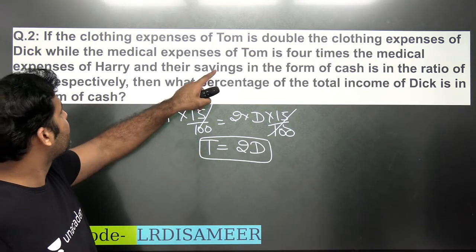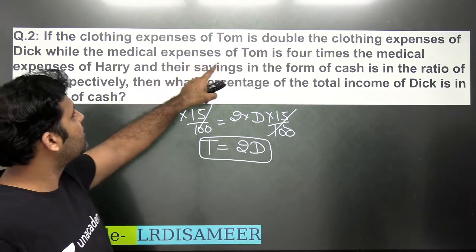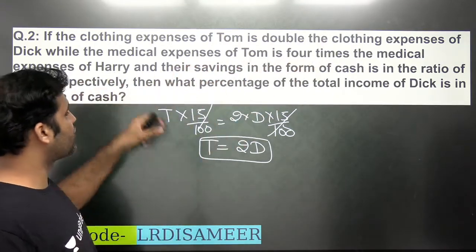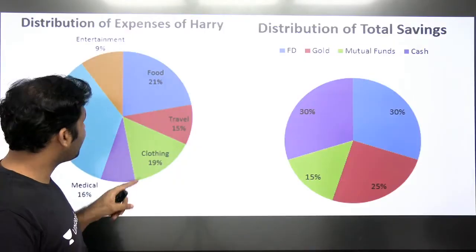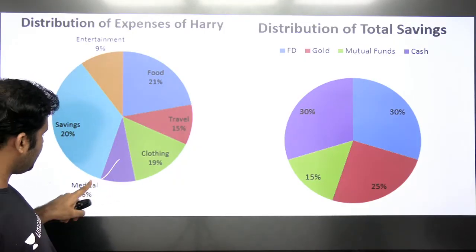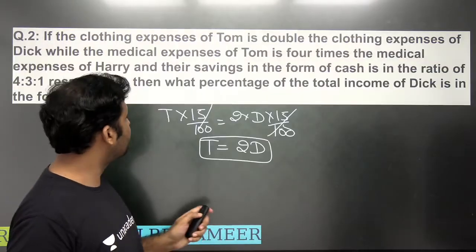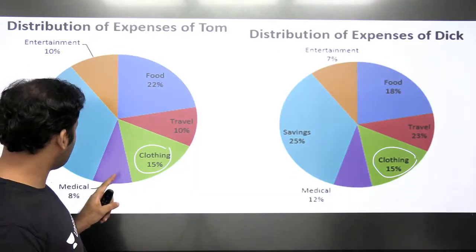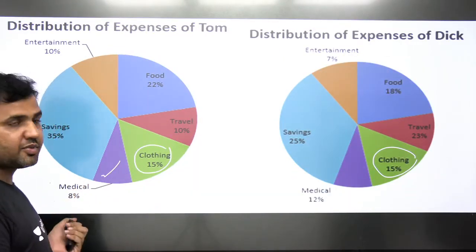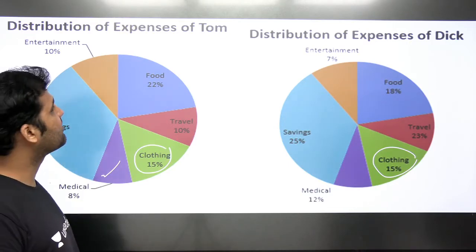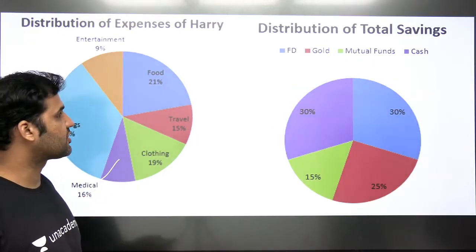Next it tells you that the medical expense of Tom is 4 times the medical expense of Harry. You see, medical expense of Tom is 8%, guys, and medical expense of Harry you can see 16%.